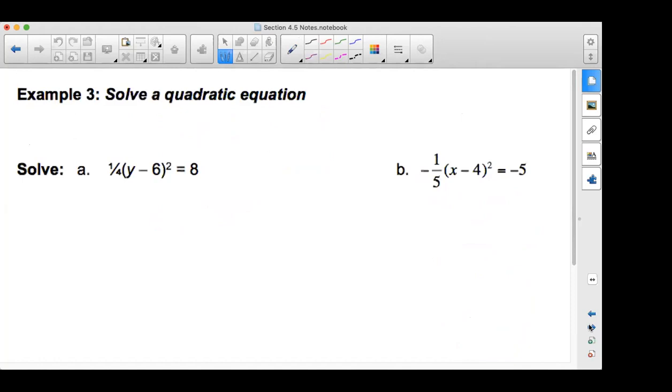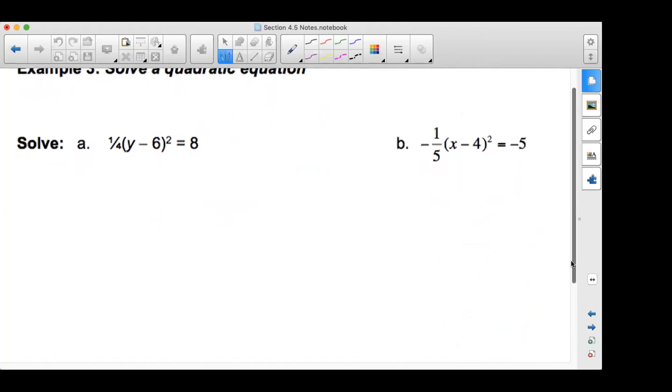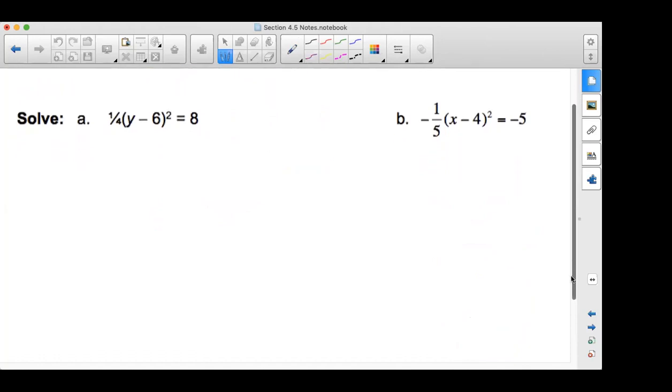All right, so now we're going to take all those things that we know about radicals, and now we're going to solve quadratics using square roots. So part A, we have 1/4 of y minus 6 squared equaling 8. So our variable is in this parentheses. What should we do to try and solve for that y?